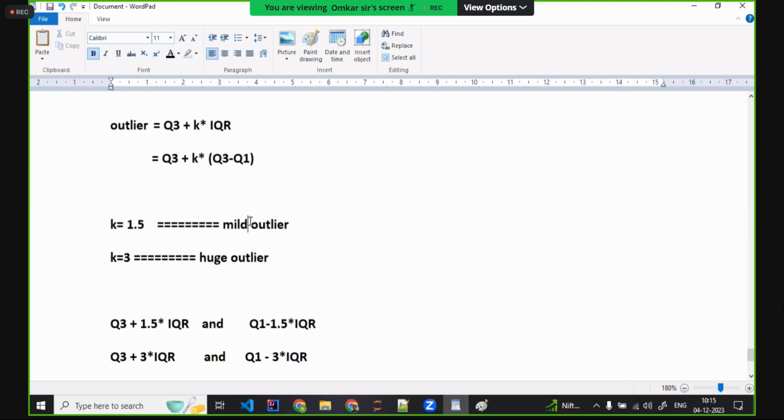But researchers say the minimum is 1.5 and the maximum is 3. In between, you can take any value based on your data set. That is not a problem. But this is the formula: Q3 plus K into IQR. What is IQR here? Interquartile range, the middle of the data. So this is the way to define the outlier.